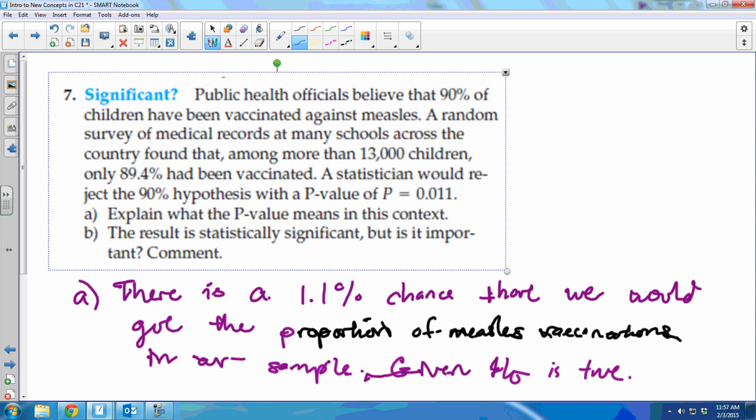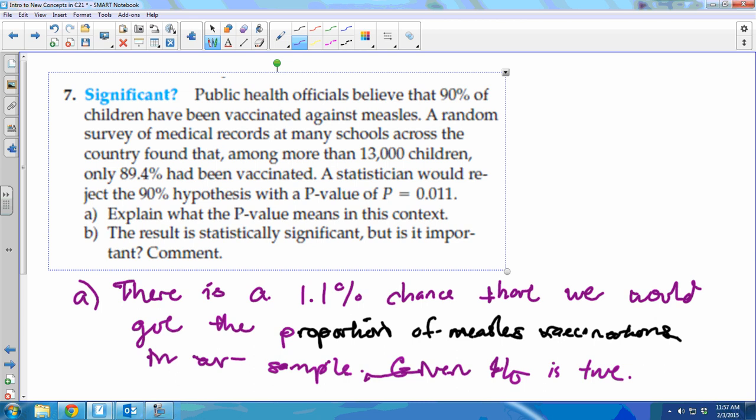I'm sorry that you can't even read that. So there is a 1.1% chance that we would get the proportion of measles vaccinations, like in our sample, given the null hypothesis is true.